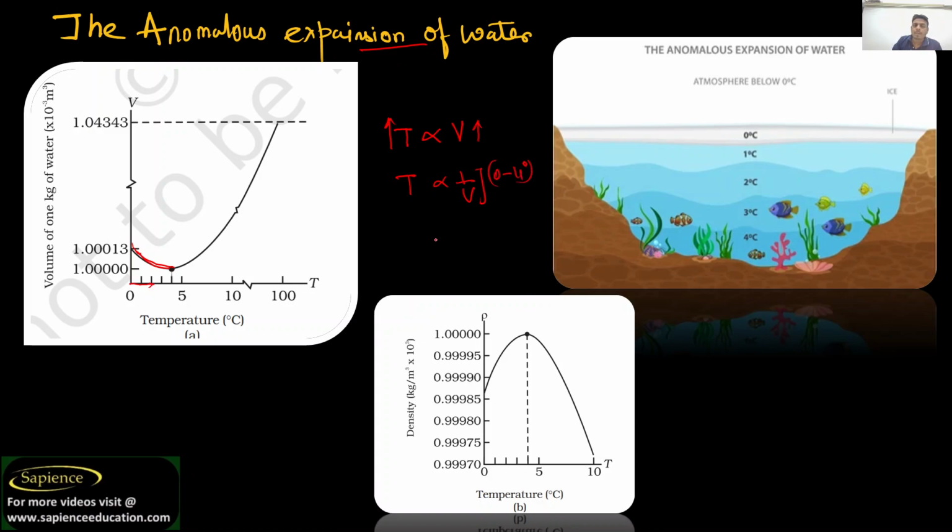Okay? At the same time, generally when temperature increases, density will decrease. That is, temperature is inversely proportional to density for general matter. This is your general property.